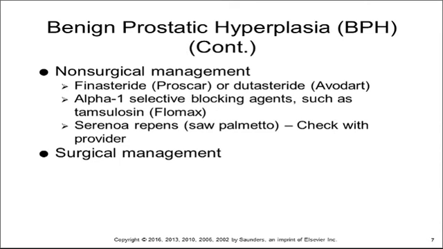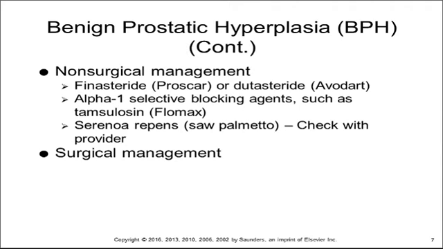Non-surgical management for patients who have BPH. With BPH, most physicians use a combination therapy. There are two classes of medications that are used for BPH. The first one is called a 5-alpha reductase inhibitor, or a 5-ARI, and your 5-ARI is your first-line therapy, which means this will be the first drug of choice for BPH.